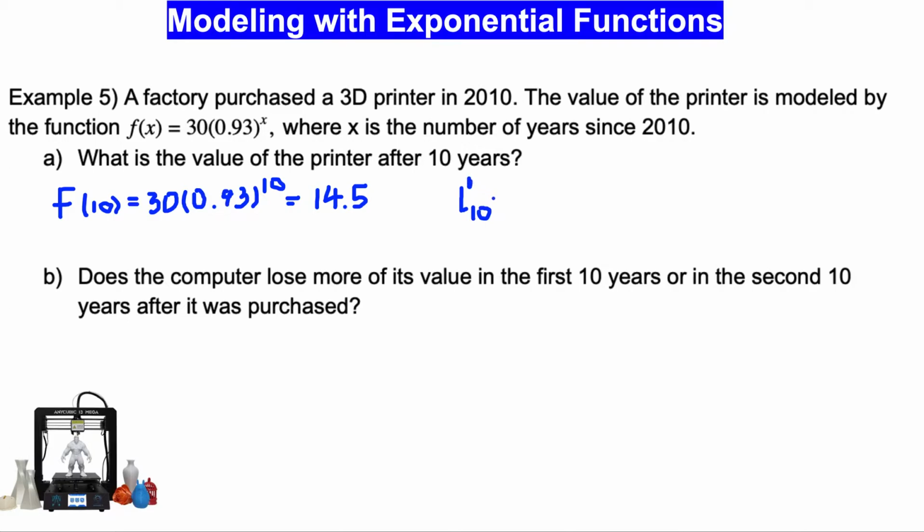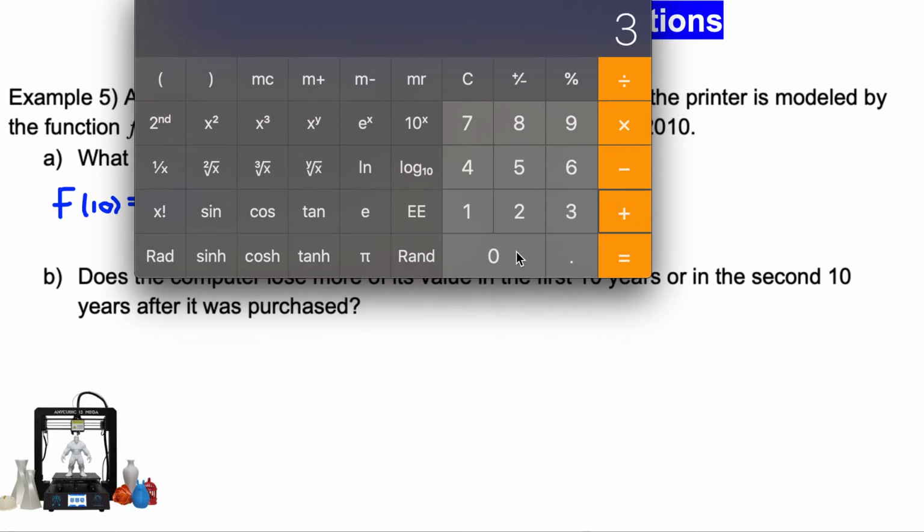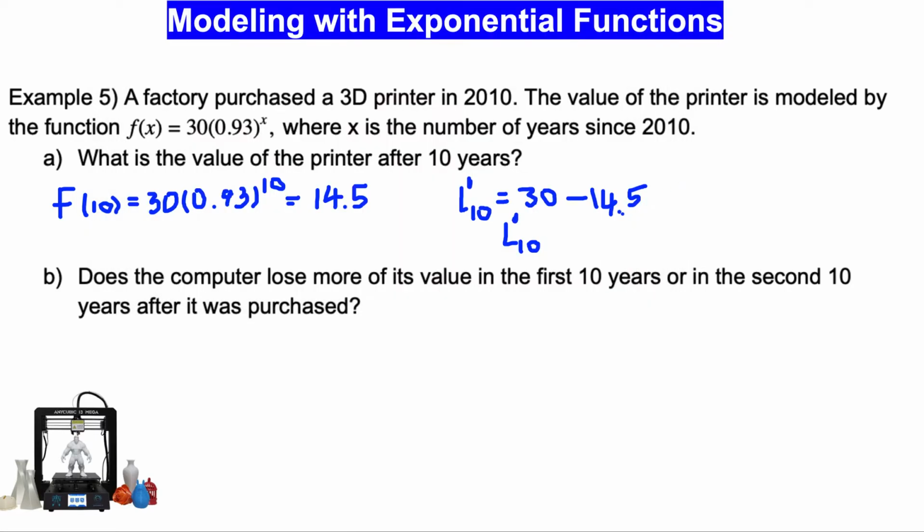We can find this from the initial value, which was originally 30, and the value after 10 years was 14.5. So the loss is 30 minus 14.5, which is approximately 15.5. So it lost $15.5 in value.